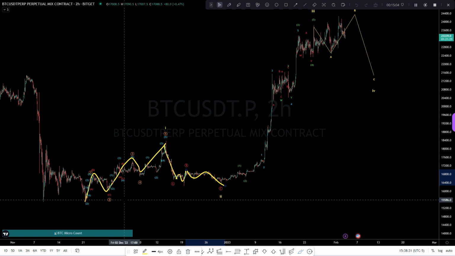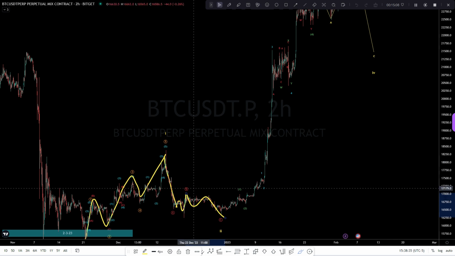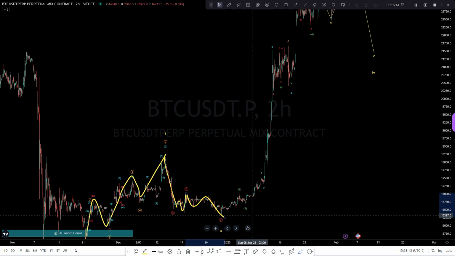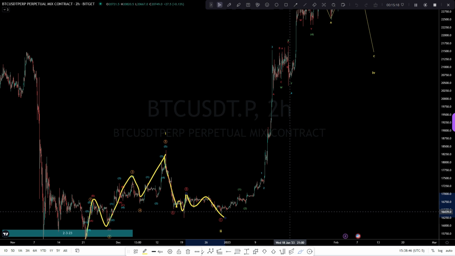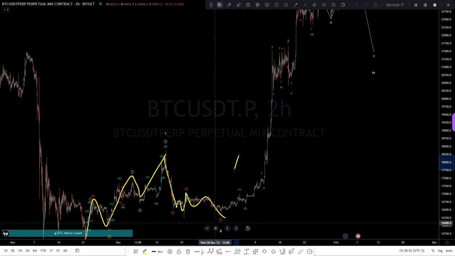You can make this WXY if you want, right? You wouldn't get a three-wave move for a C. You would get a five-wave move for a C. Okay, C waves can't be three waves. Okay, but you get the point. It's a three-wave move. Okay, so whether I have it labeled inappropriately or not isn't the point.